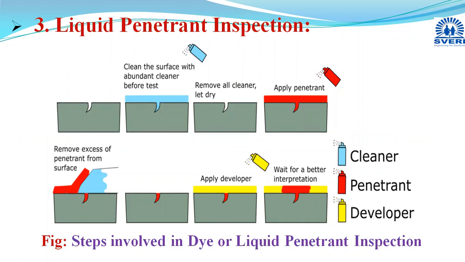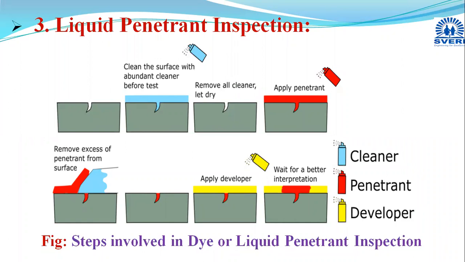If you have any query related to magnetic particle testing, please raise it and I will try to resolve it. Otherwise, we will move toward liquid penetrant testing or dye penetrant inspection.